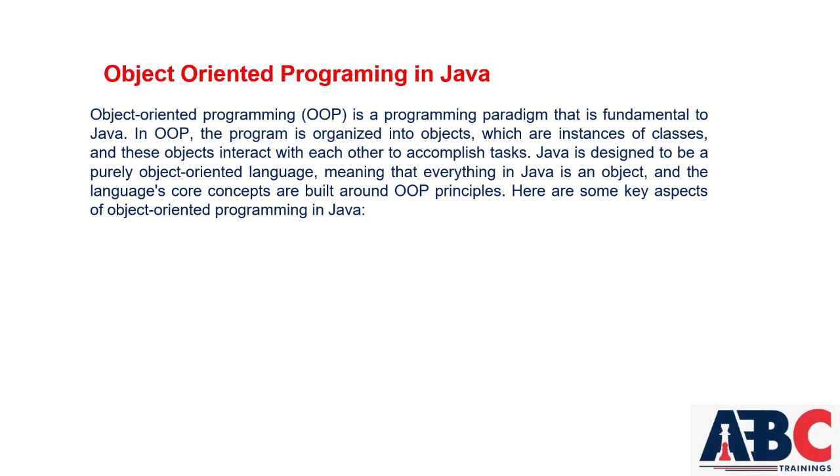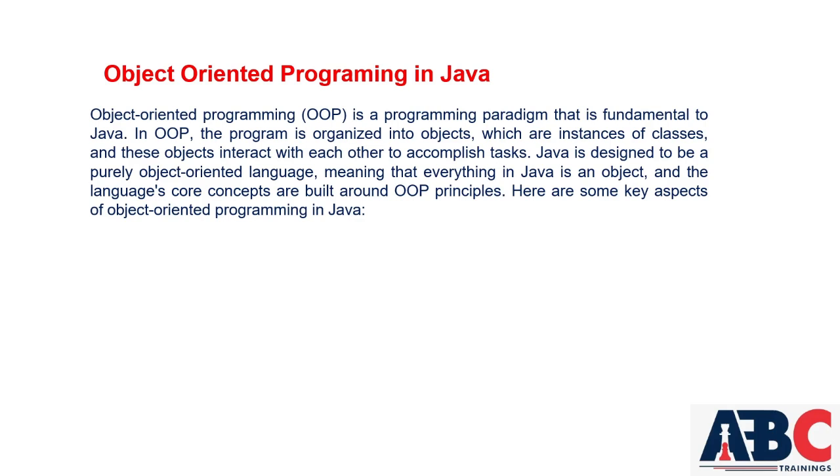In OOPS, the program is organized into objects, which are instances of classes, and these objects interact with each other to perform their tasks. Java is designed to be purely object oriented, meaning that everything in Java is an object and the language's core concepts are built around the OOPS principles.